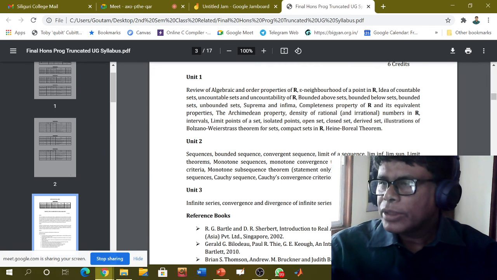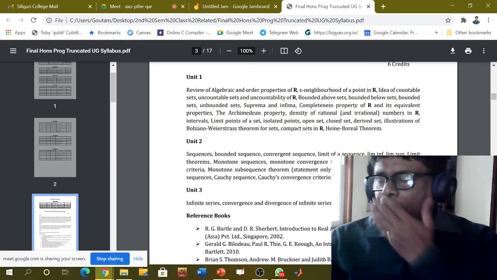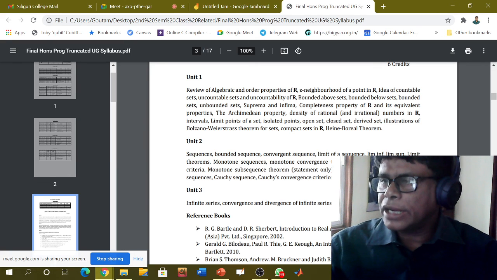So closed sets, derived sets, and limit points of a set will be the discussion in our next class. Then the Bolzano-Weierstrass theorem, which is our target; these are all preparatory for the Bolzano-Weierstrass theorem. It is one of the cornerstones of real analysis.